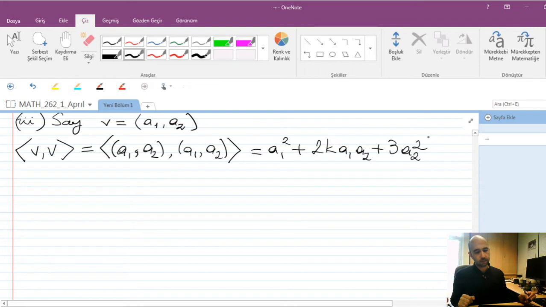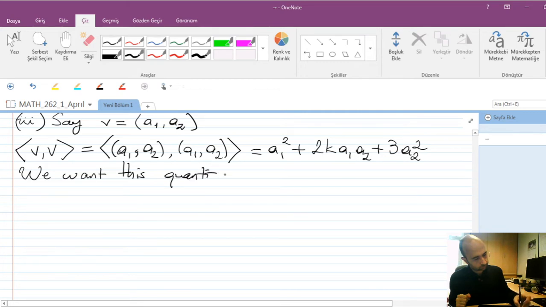Okay, and we want this quantity to be non-negative, greater than or equal to 0 for all a1, a2.